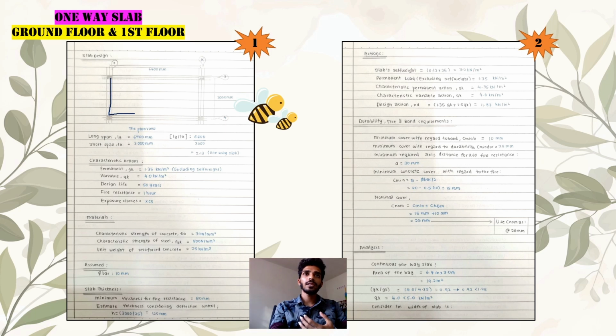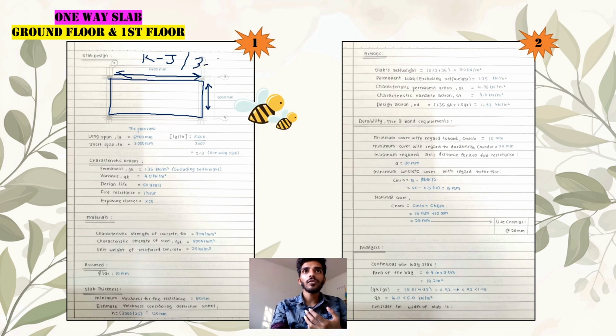This is the slab plan, which is 6400 on the y-axis horizontally, and the vertical is 3000. Here we can clearly see J until K, which is the section we are going to calculate specifically, and also 3 until 4. This is the one-way slab we are going to calculate.